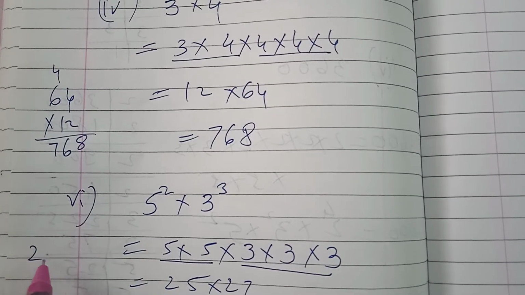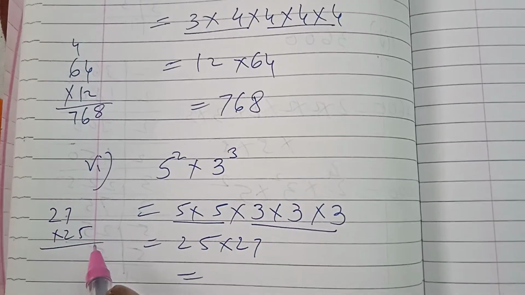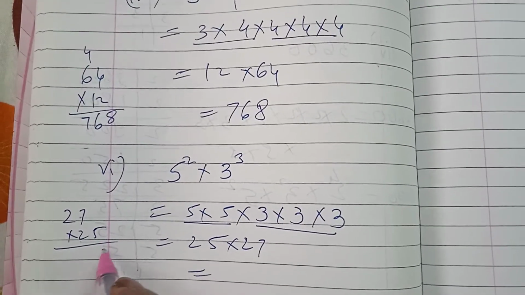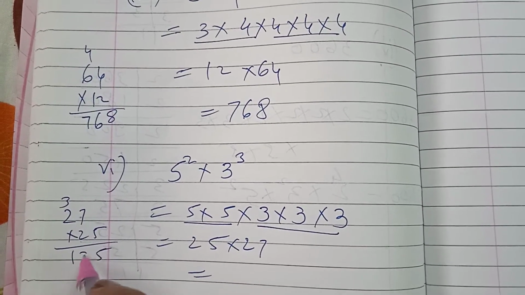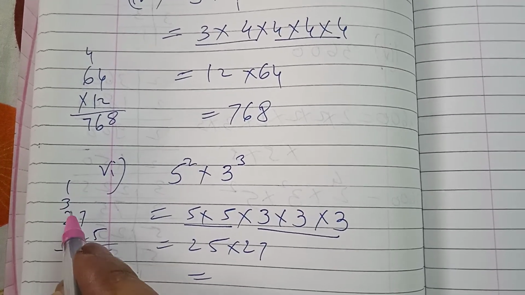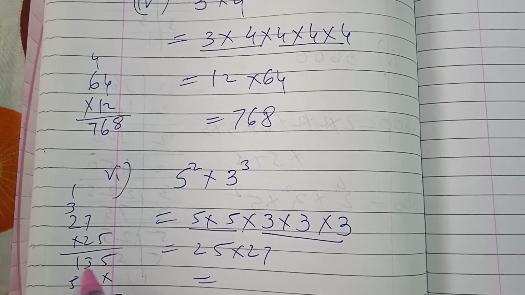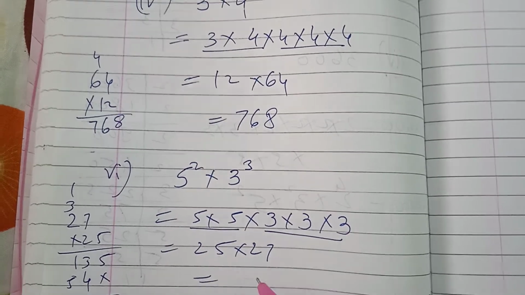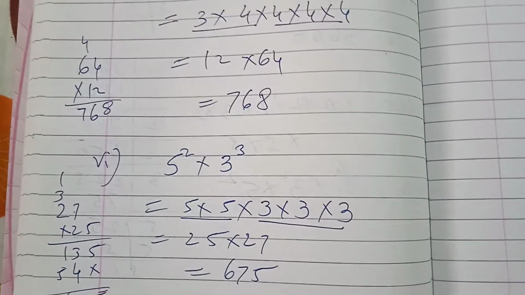We do multiplication. 27 into 25. 5 7s are 35, 5 and 3 carry. 5 2s are 10 and 3 is 13. 2 7s are 14, 4 and 1 carry. 2 2s are 4 and 1 is 5. Makes 675. This is the value of this.